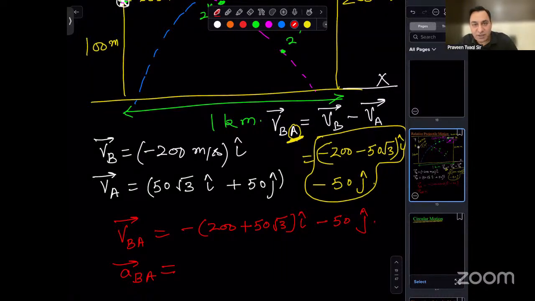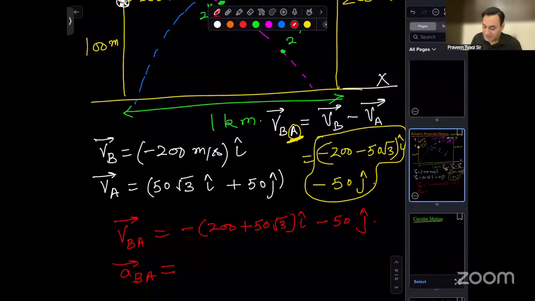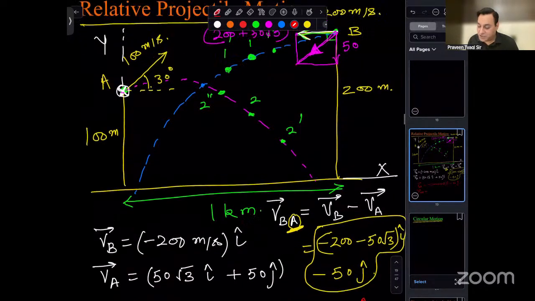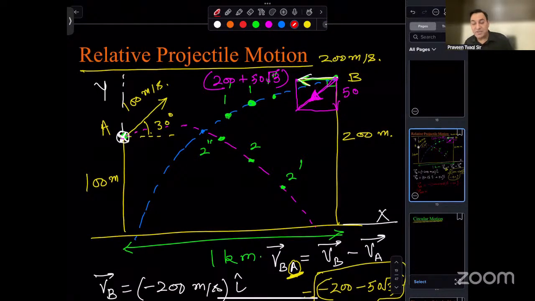Yes, Vihan, good. So acceleration of B as observed by A will be 0. Acceleration of B will be g. Acceleration of A will be g. Both are in air, both are falling down in the vertical direction with an acceleration g.